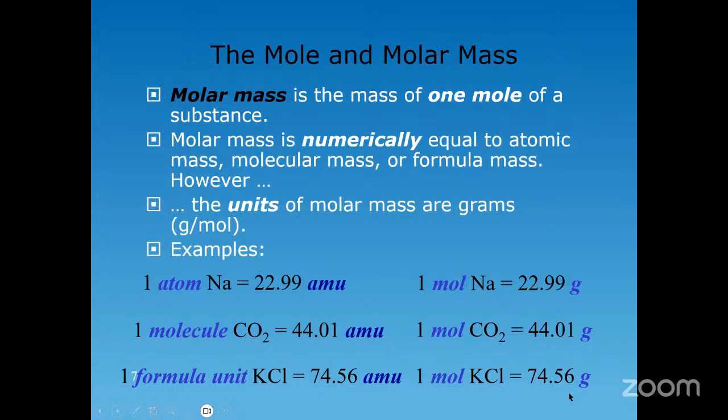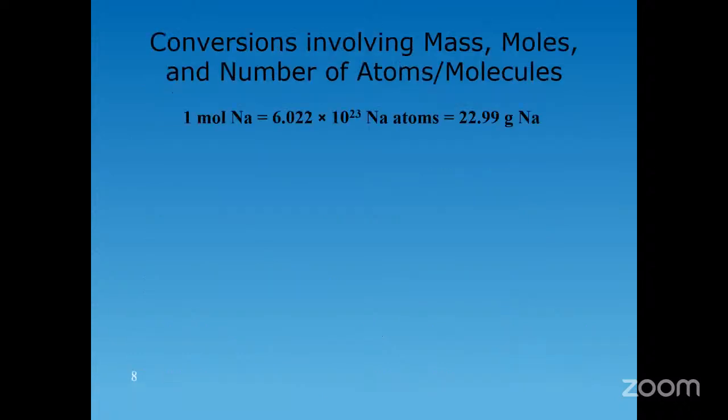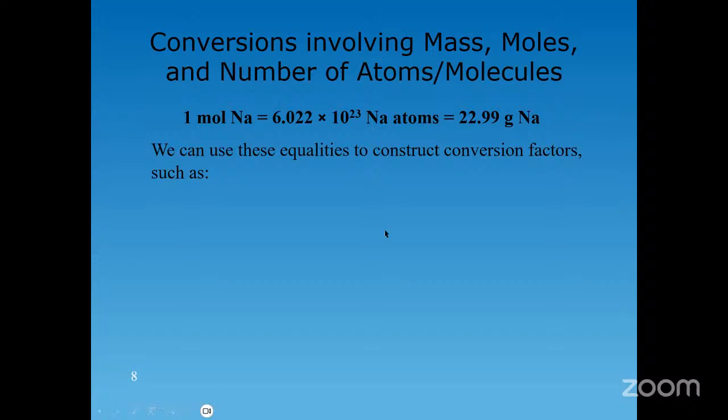So numerically, the atomic mass and the molar mass, or molecular mass and molar mass, or formula mass and molar mass, are numerically the same, but the units will be different, right? Atomic mass will be expressed in atomic mass units, while molar mass will be expressed in grams per mole units, right?